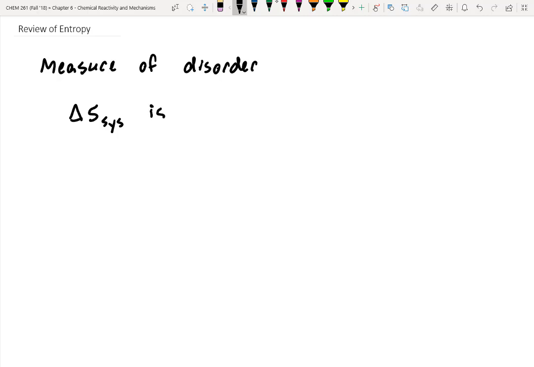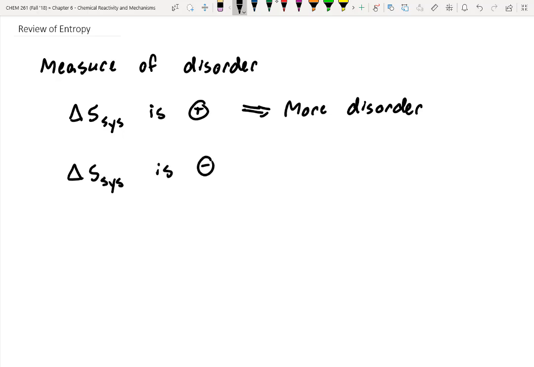And if delta S of the system is positive, that means that you have more disorder after your reaction's completed, right? So maybe you start out with 1 mole of something going in and you get 2 moles of products coming out. You're creating more disorder, more chaos in the system. All right? Conversely, if delta S of your system is negative, that means things are getting more ordered.